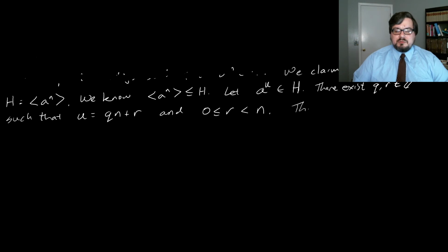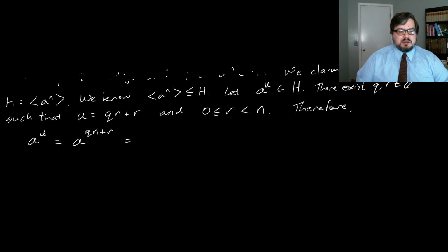So, therefore, we have that a to the u is equal to a to the qn plus r, which is a to the qn times a to the r.